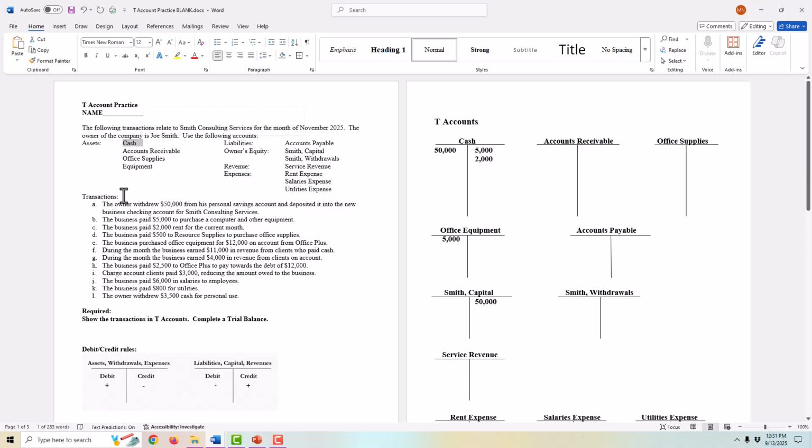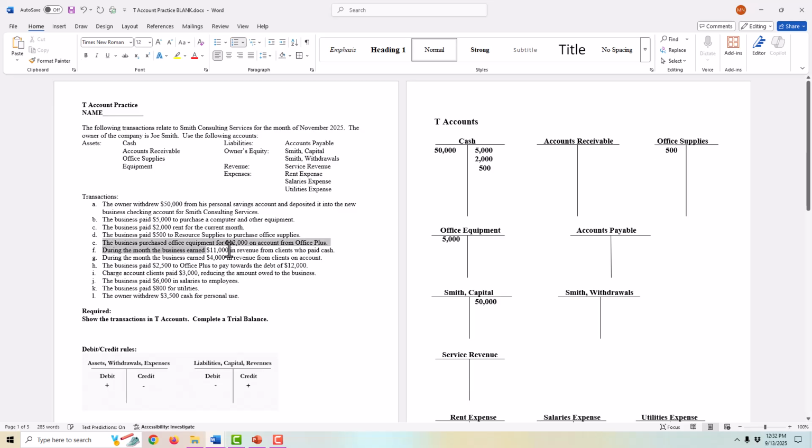Well, you're adding to one asset, which would be a debit, and you're subtracting from another asset, which would be a credit. So we're going to put $500 on the credit side of cash and $500 on the debit side of office supplies. So that's how that transaction would look in the T accounts.